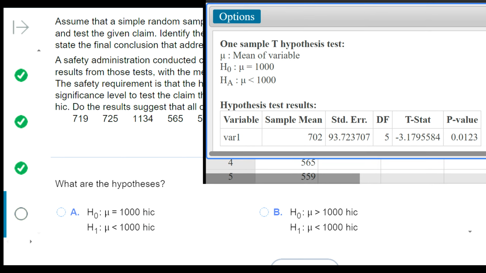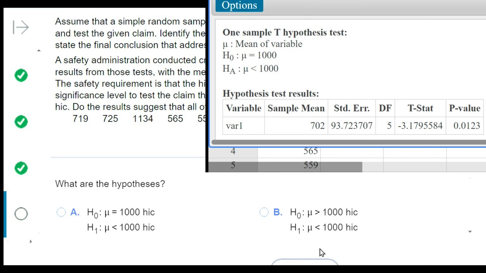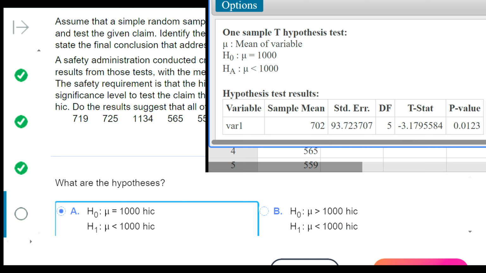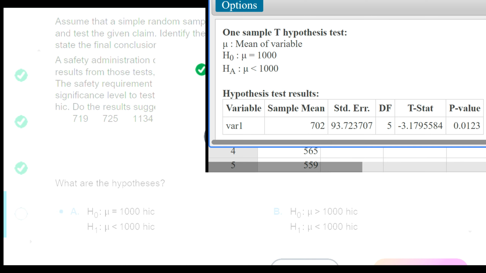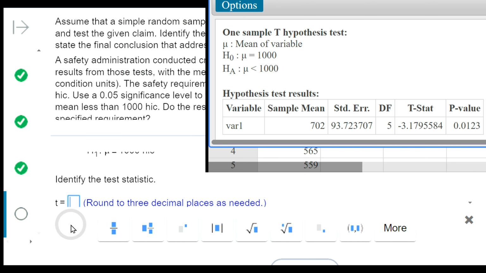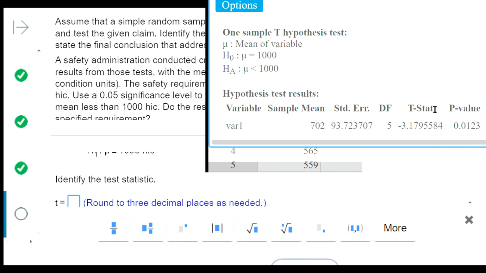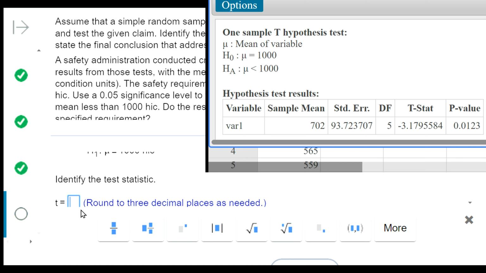Super. It's that one, equal to 1,000 or less than 1,000. All right. T-stat is minus 3.18. Oh, they want it to 3 decimal places. So it's still minus 3.18, 3.180.